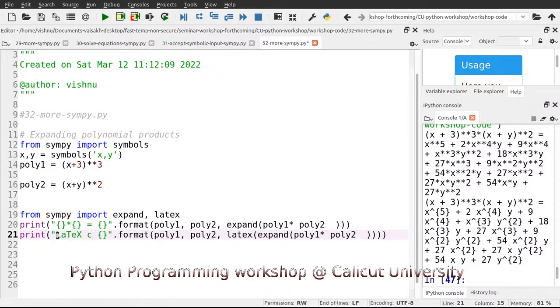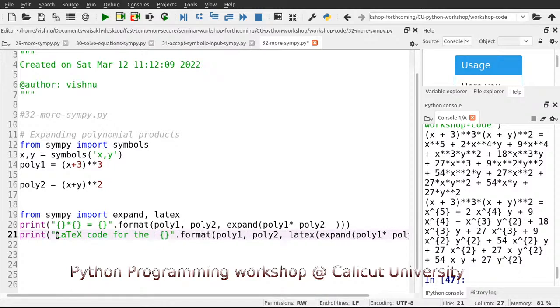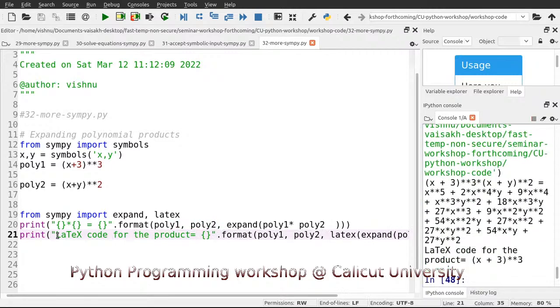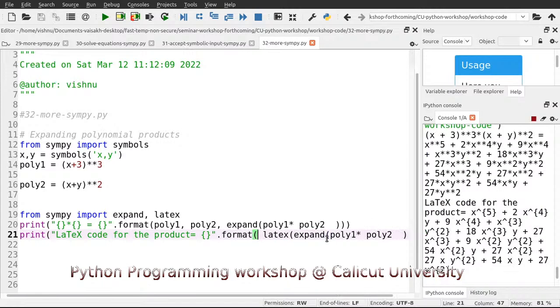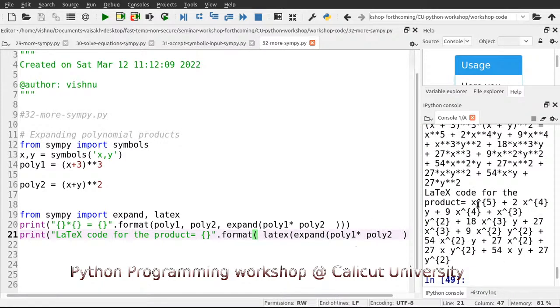LaTeX code for the product is this. Removing these two. This is actually the corresponding LaTeX code.